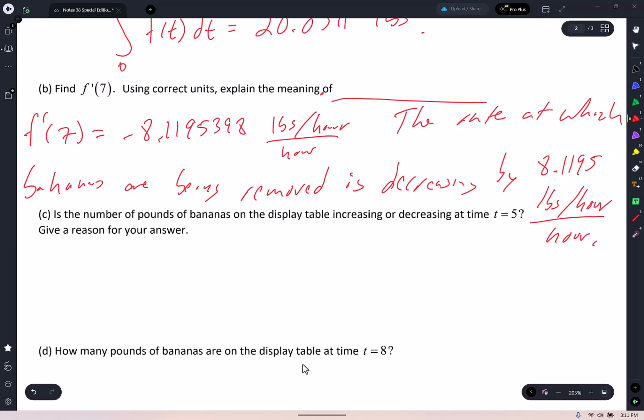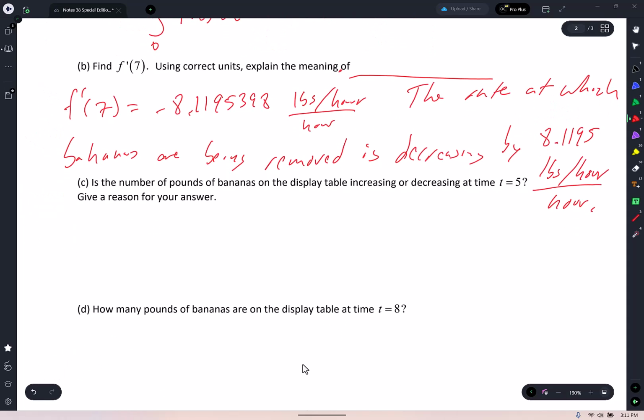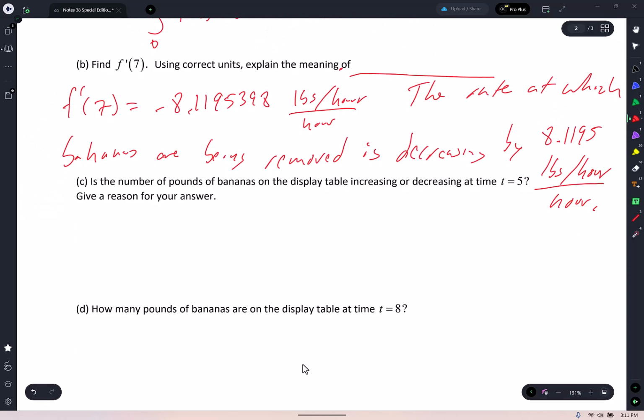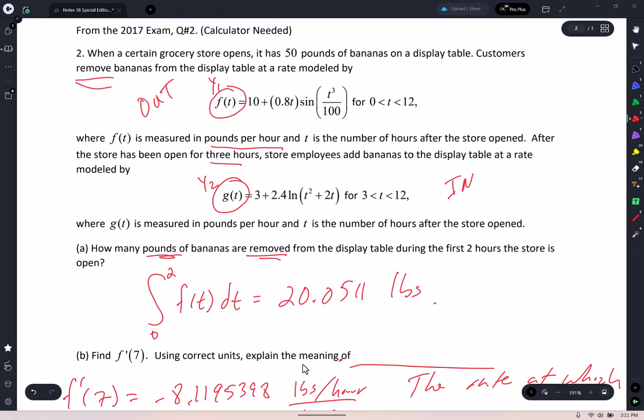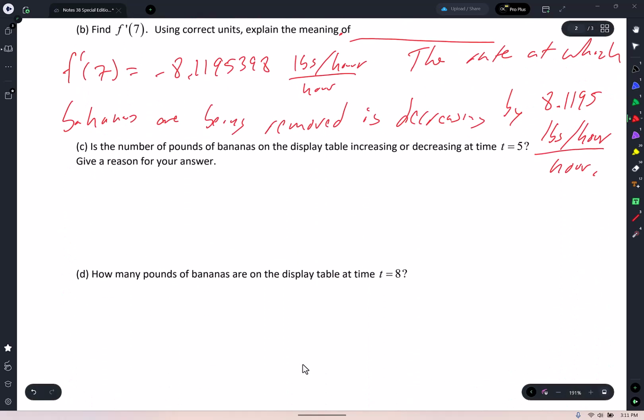But usually by habit, they like to find an equation for the net change, the amount going in minus the amount going out. So g of 5, the amount going in, minus f of 5, the amount going out. If this number is positive, the amount of bananas is increasing on the display table. If this number is negative, the amount of bananas is decreasing.